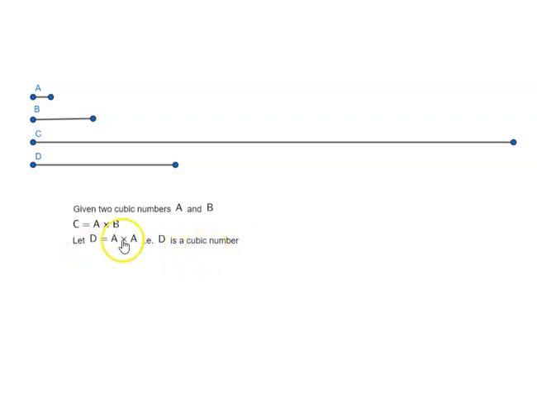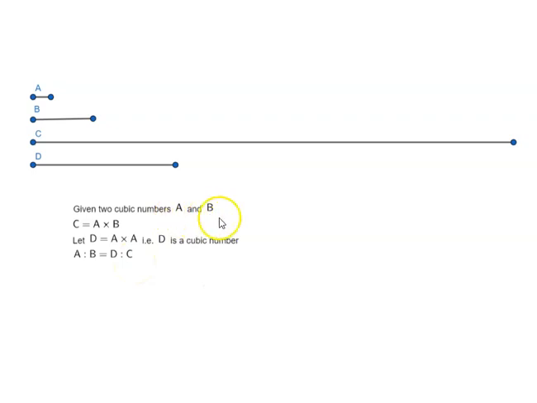In the previous proposition itself, we saw that if a cubic number is multiplied by itself, we get a cubic number. Now here, A measures D a number of times, B measures C a number of times. That means A is to B as D is to C.